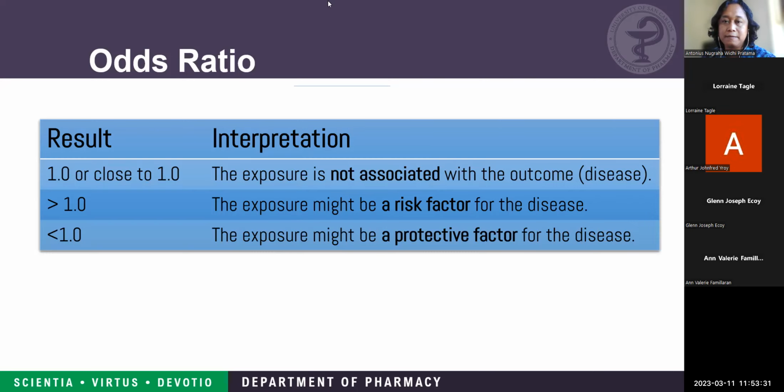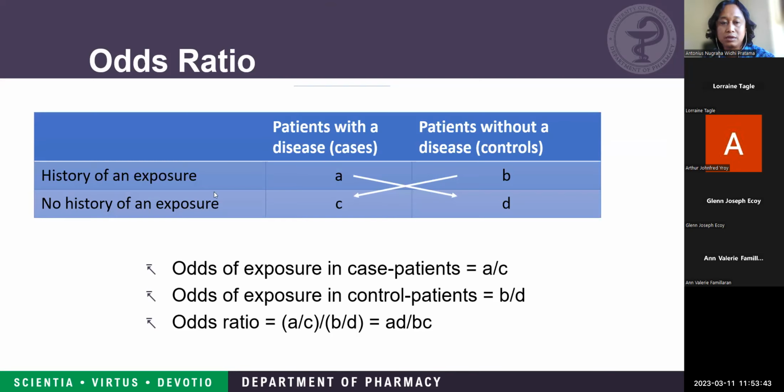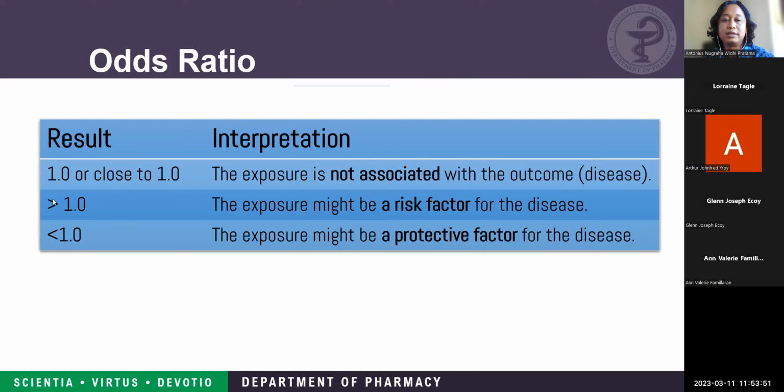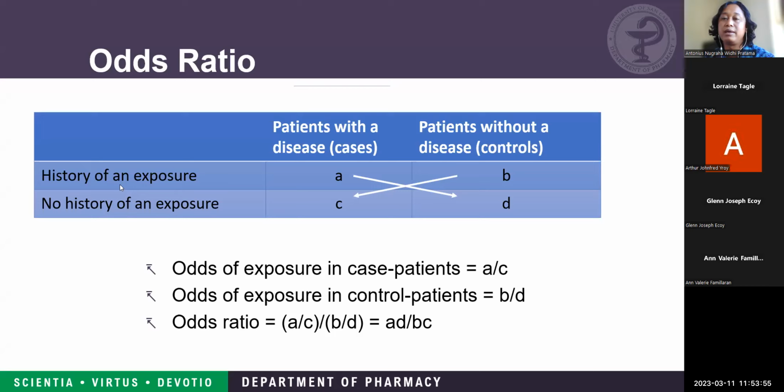And then the interpretation of the odds ratio: if it is 1 or close to 1, then the exposure is not associated with the outcome. When it's more than 1, then the exposure may be a risk factor.